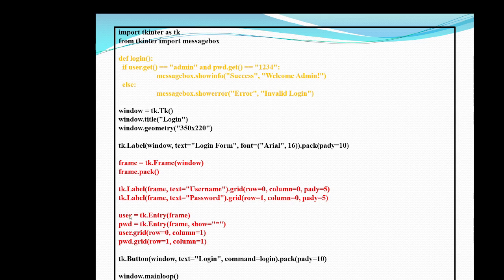And then I placed input boxes, the user input box and pwd input box, next to the username and password labels. And then I created a button. Whenever the button is clicked, this user defined login function should be invoked. And window.mainloop is the last statement I have written.